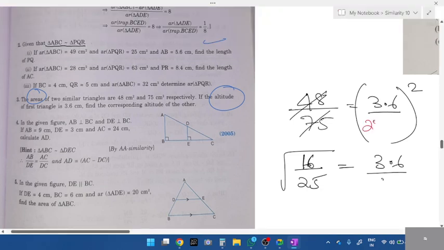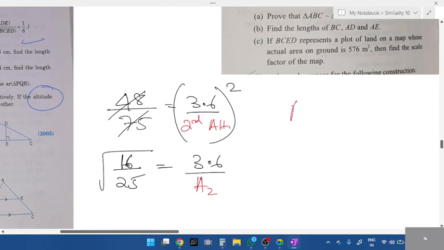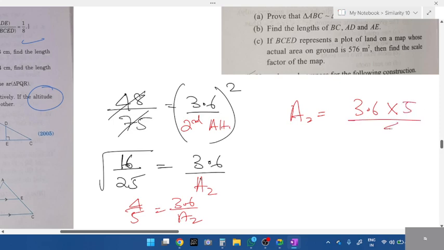You can write second altitude, or write A2. All of you will find A2. A2 is equals to square root of 16 is 4 by 5 is equals to 3.6 into A2. 3.6 A2 goes to the other side into 5 divided by 4. 3.6 I can write it as 36 by 10.